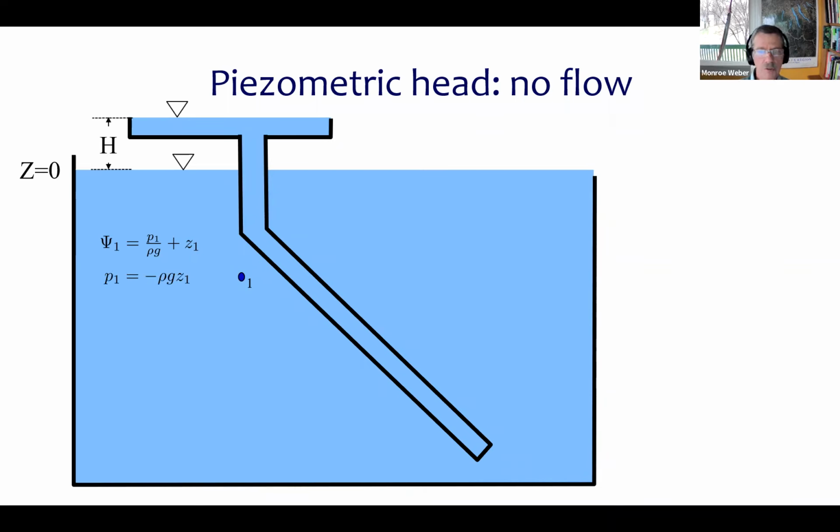P1 is equal to negative rho g times z1, because pressure equals rho g h, and that height difference is negative z1. So that means that piezometric head is 0.